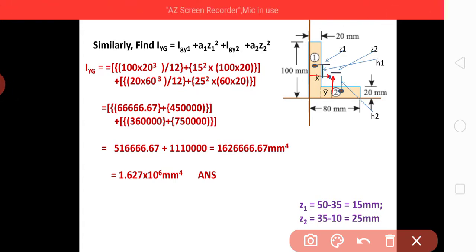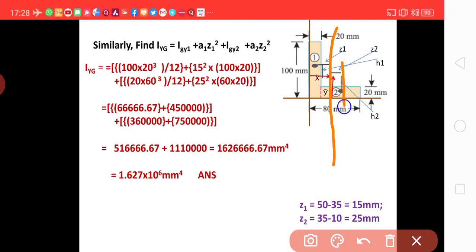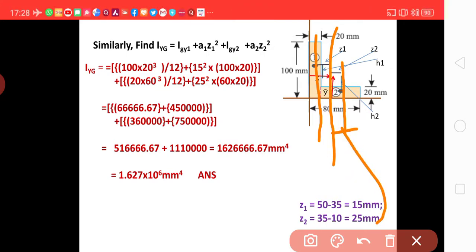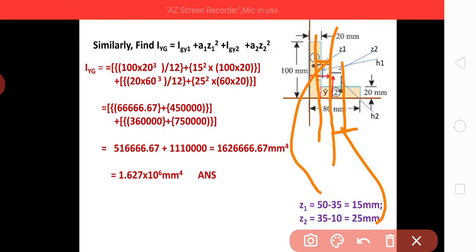Here this is the axis for this, and this is the axis for this. This distance is z2 and this distance is z1.